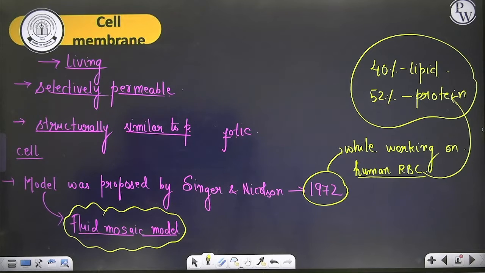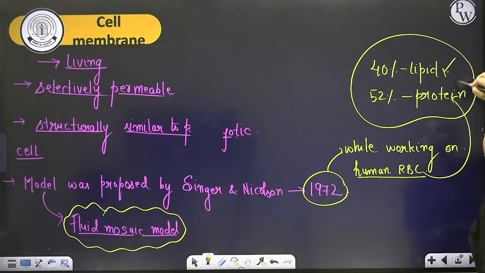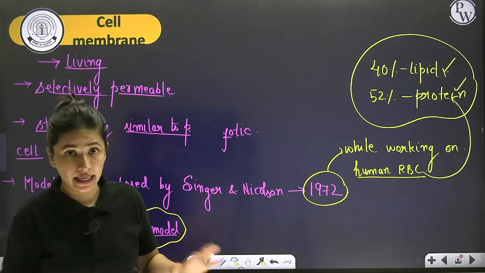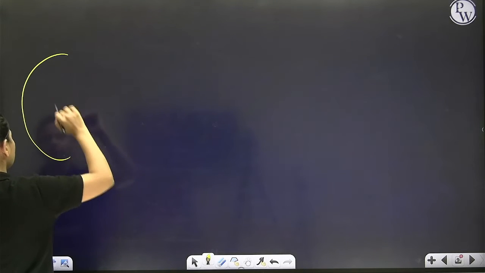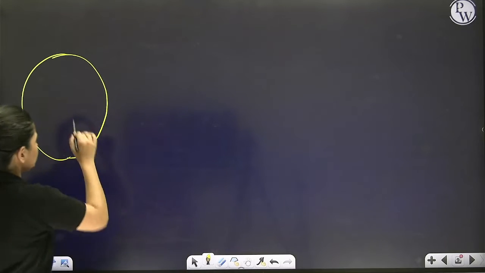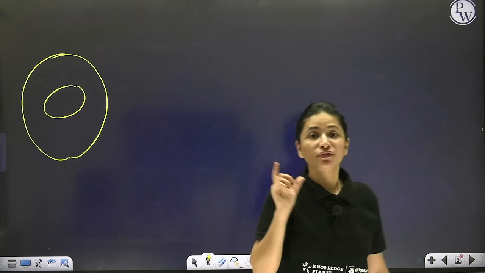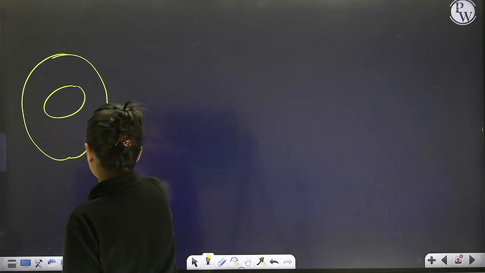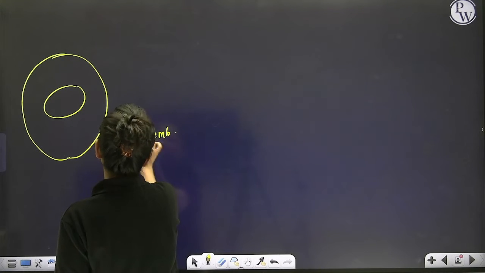So now we are going to start with this 40% lipid arrangement and 52% protein. Let's see how this arrangement is. Suppose this is my human RBC. What is the shape of a human RBC? Biconcave, disc-like. Since human RBC is an animal cell, it will have only one layer, called the cell membrane, around the cell, whose structure we have to understand.